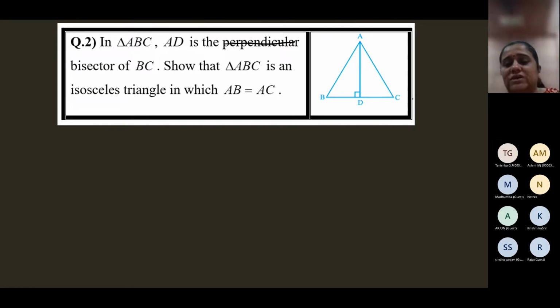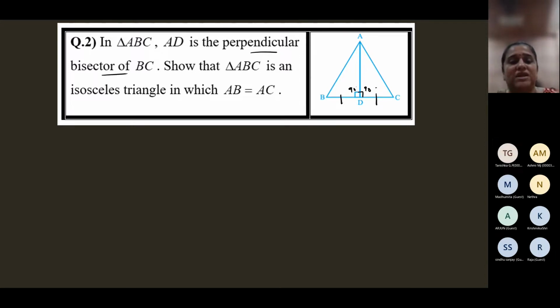AD bisects BC at D. That means D is the midpoint of BC. AD bisects BC, that means it divides BC into two equal halves. This one, BD is equal to DC. So from this, we have two things. One is BD is equal to DC. The other one is this is 90 degrees, this is also 90 degrees.